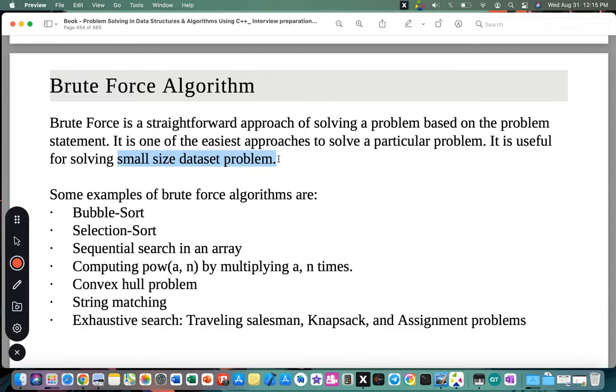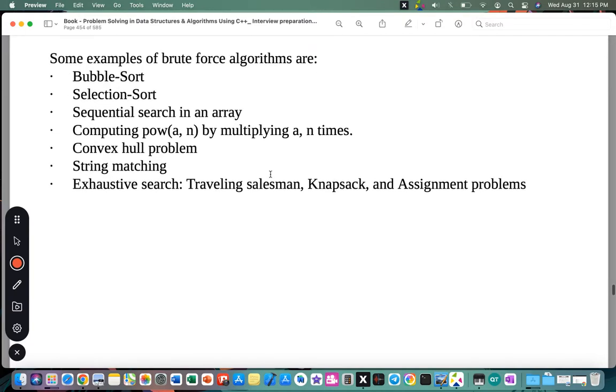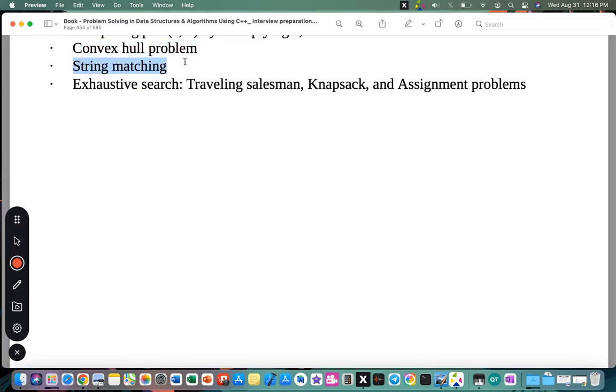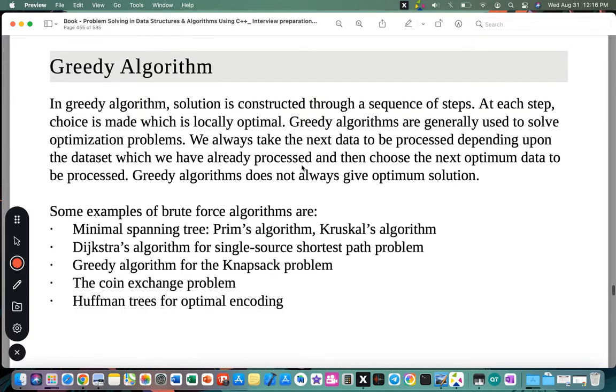Some examples of brute force algorithms are bubble sort, selection sort, sequential search in an array, computing a to the power of n by multiplying a by itself n times, convex hull problem, string matching, exhaustive search such as traveling salesman, knapsack, and assignment problems. That was the first technique.